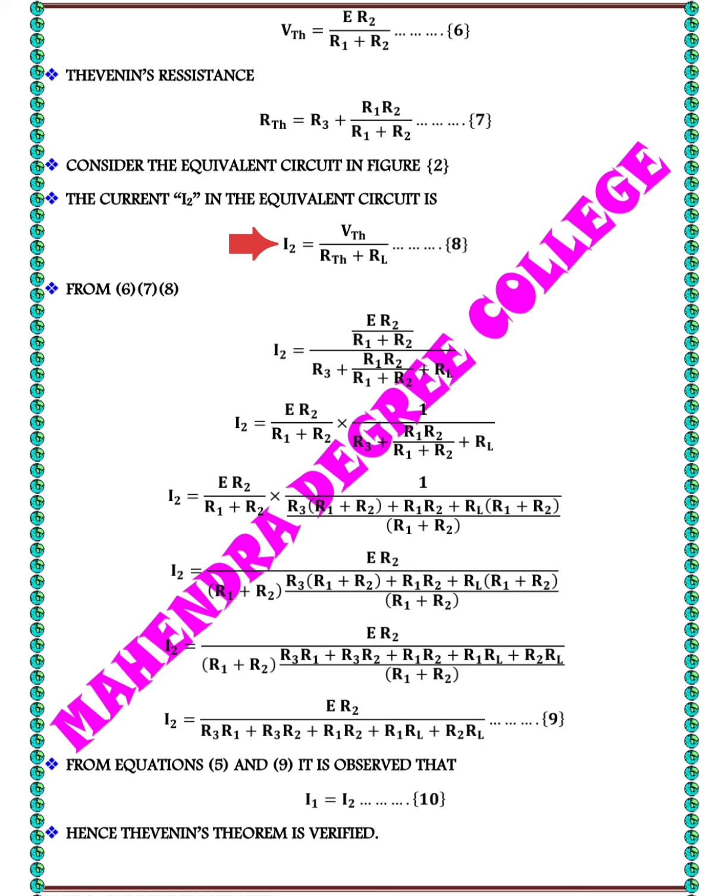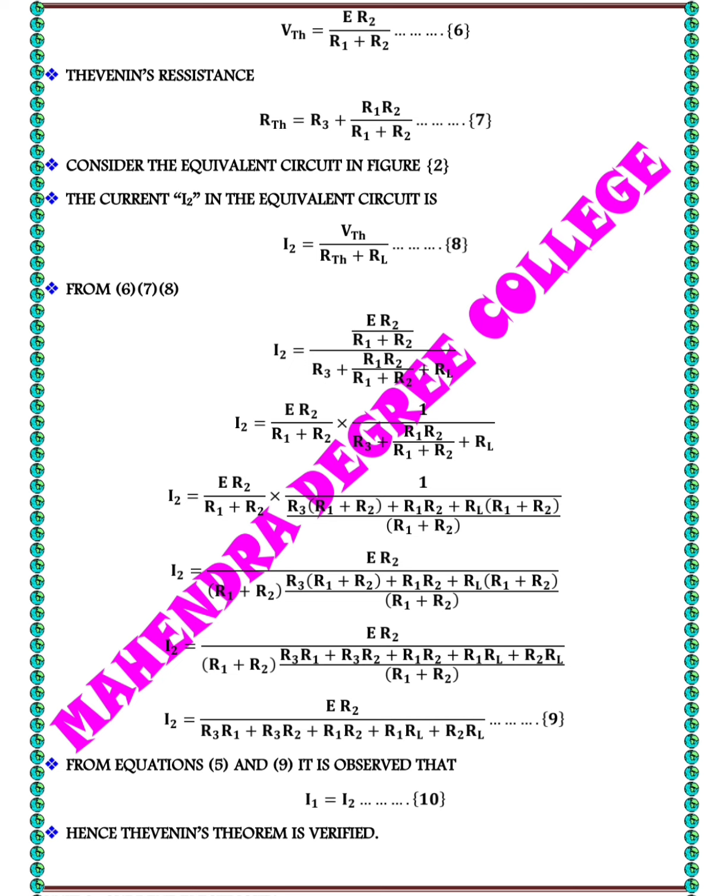RL is the load resistance connected across the terminals. This formula is derived from Ohm's law. We know Ohm's law V equals IR. So, I equals V by R.